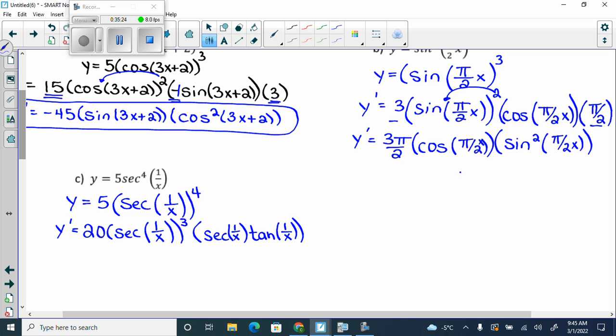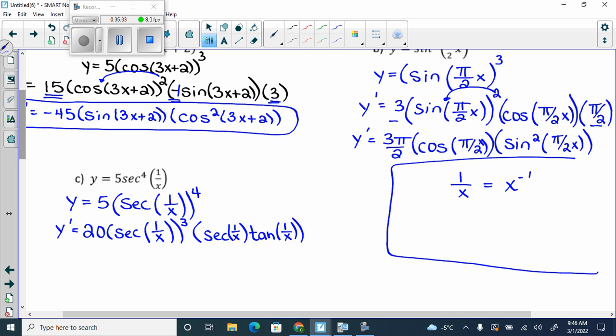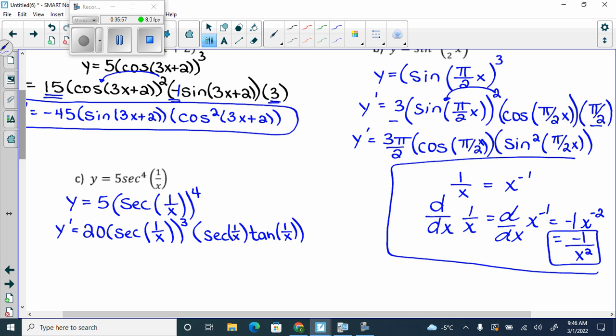Well, let's go off to the side. 1 over x is the same, grade 10, we're going back to grade 10 again. It's coming to get us. 1 over x is the same as x to the negative 1. So d over dx of x to the negative 1 is negative 1 x to the negative 2, or we can write it as negative 1 over x squared, because it can drop down.